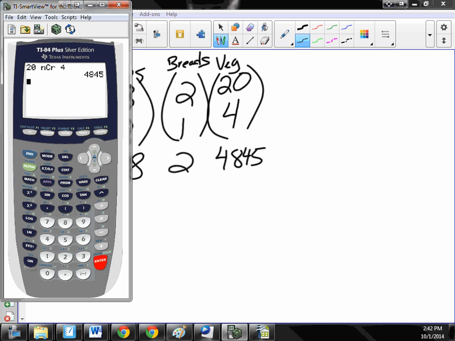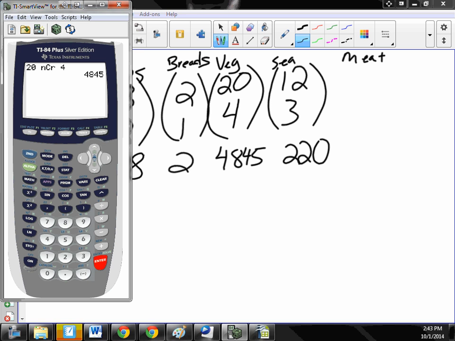And then they ordered 3 seafood selections. If you flip over to the seafood selection, 1, 2, 3, 4, 5, 6, 7, 8, 9, 10, 11, 12. So 12 choose 3. We go to 0, 1, 2, 3 would be 220. So these are seafood, and then meat, because apparently seafood is not meat.